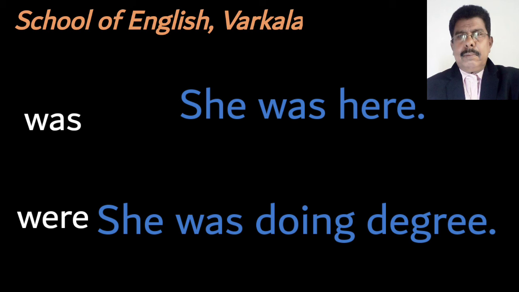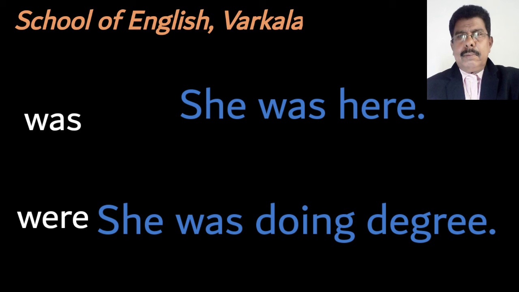Look at the second sentence. In order to make the verb a past continuous one, the verbal form sought the help of was. So in the second sentence, was is used as an auxiliary verb to frame the past continuous tense form of do. She was doing degree.